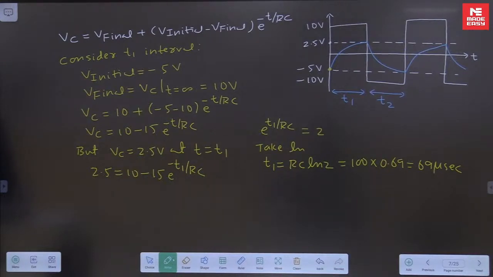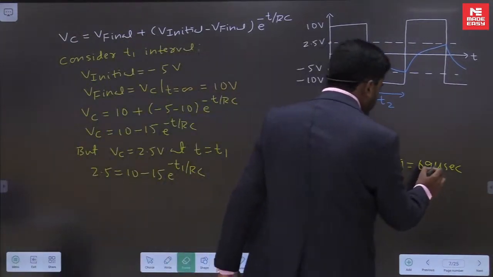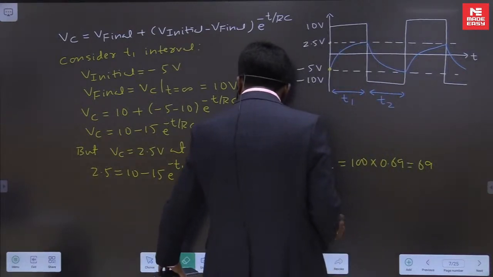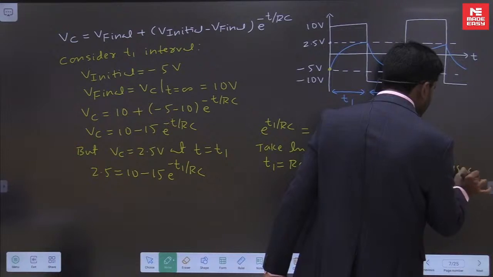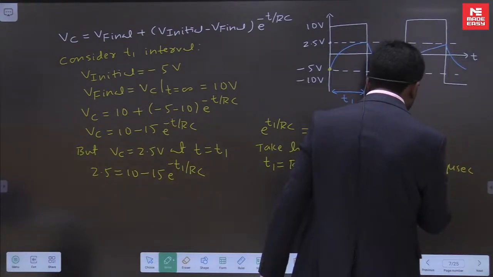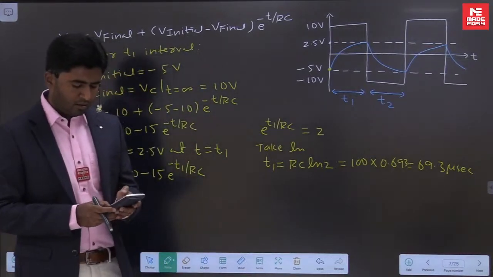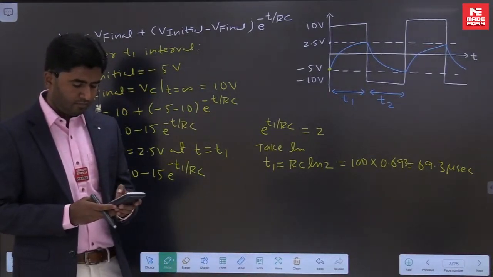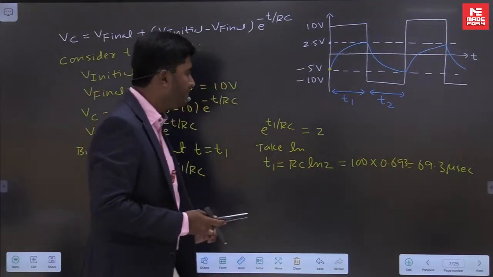If you find it more accurately, it will be 69.3 microseconds. ln2 is 0.693, so this will become 69.3 microseconds.